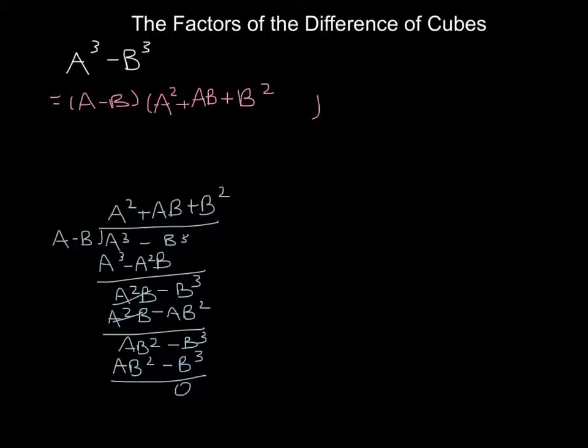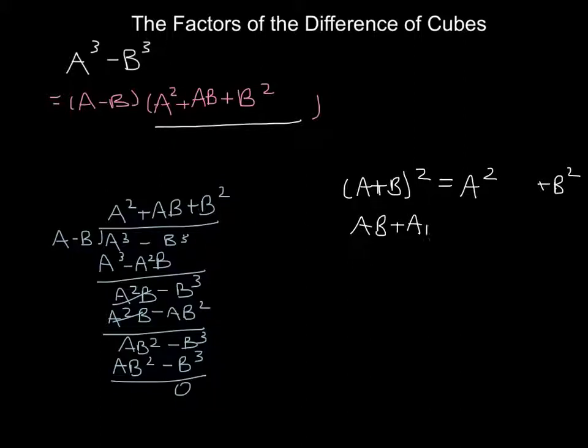So what I have to figure out now is whether or not this here is factorable. So a squared plus ab plus b squared. Now, the only way I can end up with a squared and b squared would be to try doing a plus b squared, because that gives us a squared as the first term and b squared as the last. But in between, you'd end up with ab plus ab, right?